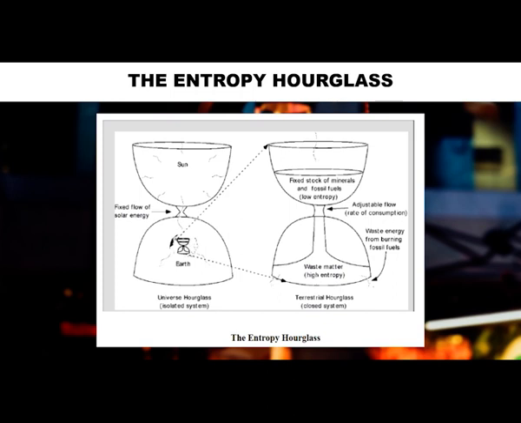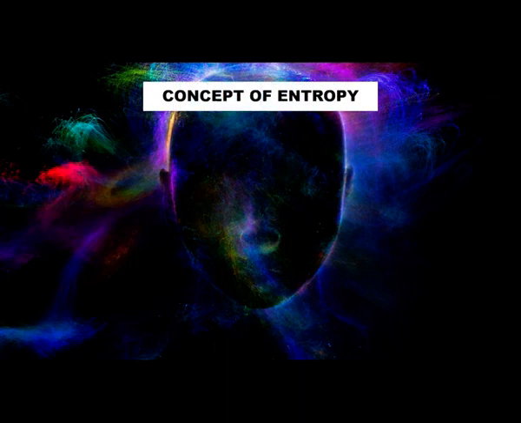Here also you will see the entropy increases, but in contrast to the left hand side hourglass, the human beings can alter the constricted middle of this hourglass and thus can alter the rate of change of entropy in the system. Then what is entropy?